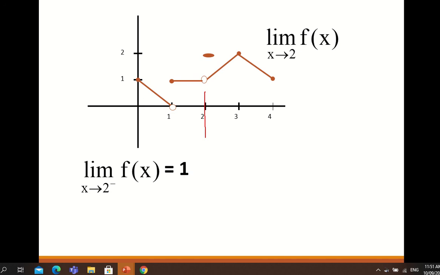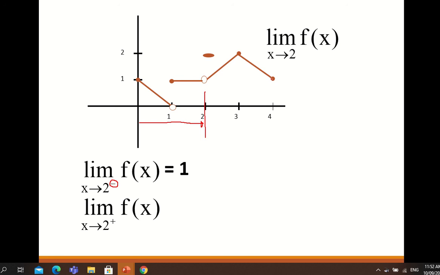Now for the graph coming from the left, as we did a while ago, we are just tracing the graph from the left towards 2, because of this negative sign. The other part is when we are tracing the graph from the right.